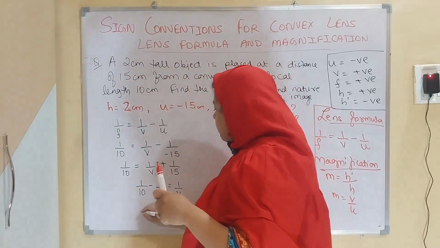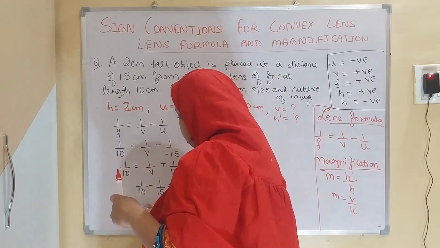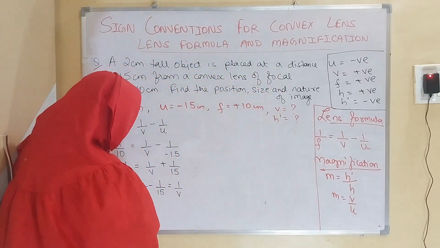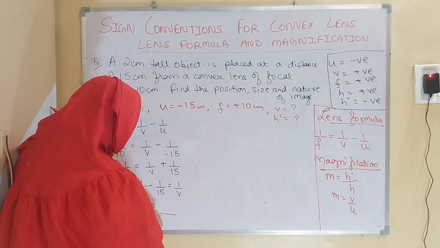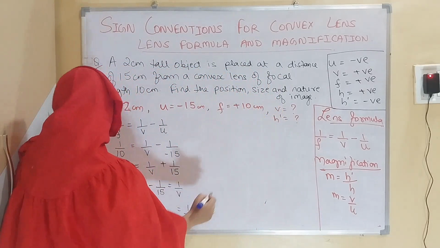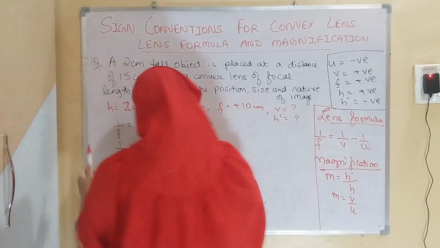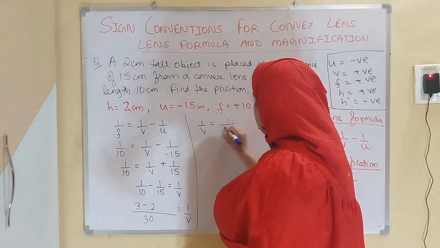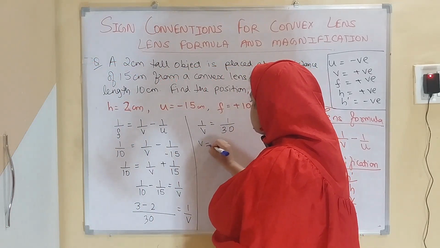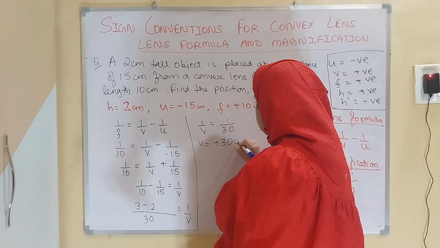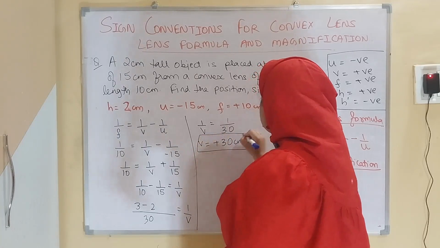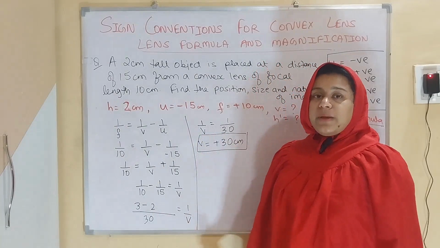Okay, now the LCM is 30. 3 minus 2 is equal to 1/v. 1/v is equal to 1/30. v is equal to plus 30 centimeter. So this is the position of image.